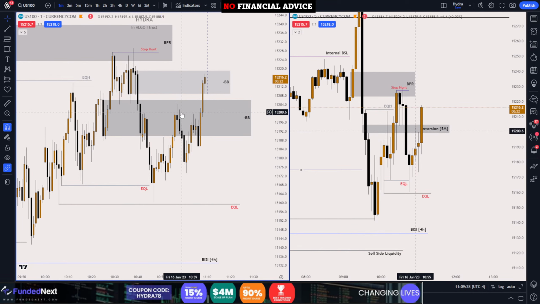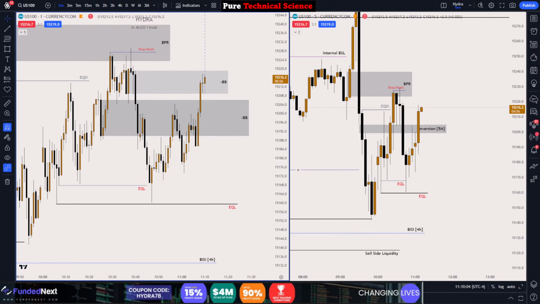If not, if price is rejecting from the order blocks right here again, then it will go above the inversion. That's why I trail my stop loss here, and as you can see, it's just delivering aggressively towards the buy side liquidity. It's nowhere near where I was targeting. Right, Ruben? Whatever you were saying, it's just bullshit.